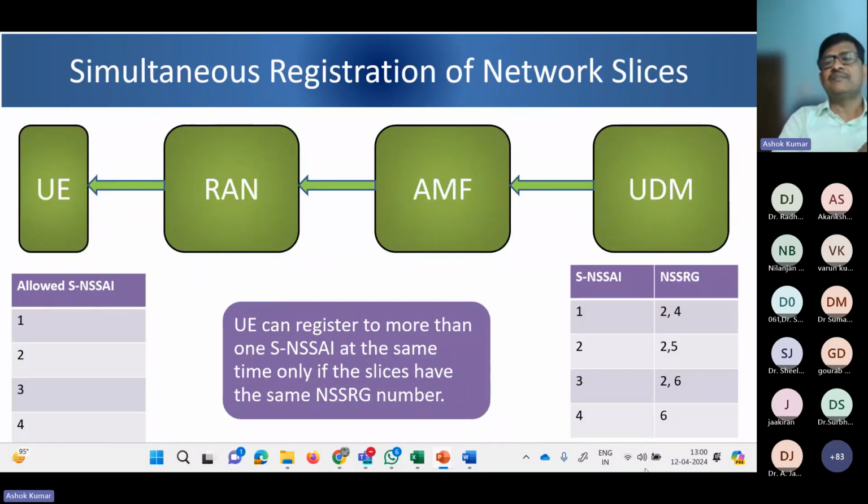Suppose a user equipment, as we had discussed, has subscribed to certain slices, and those slices are, say, slice 1, slice 2, slice 3, and slice 4.